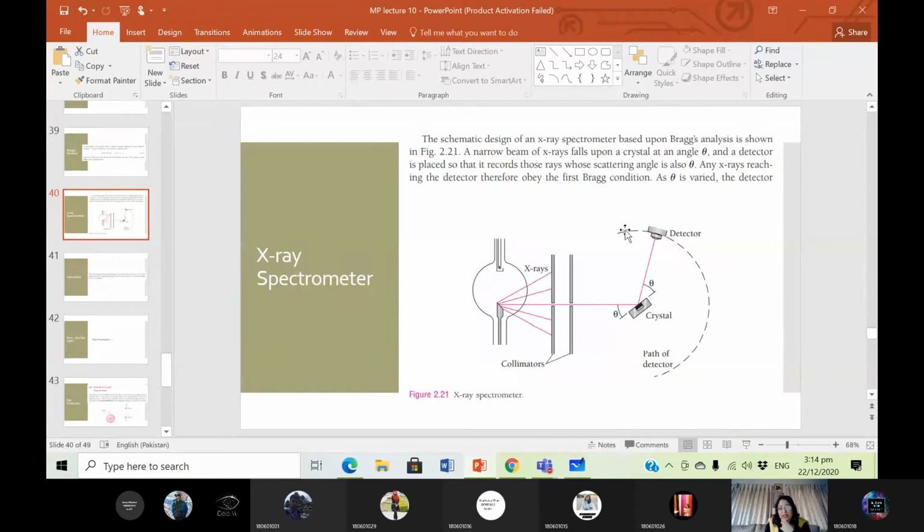And then we can have a detector that is rotatable, and we can detect the X-rays reaching the detector over here.